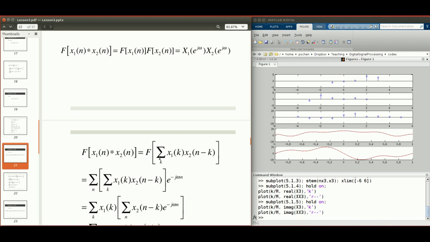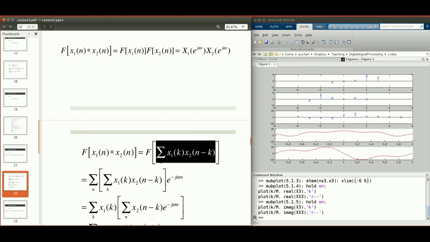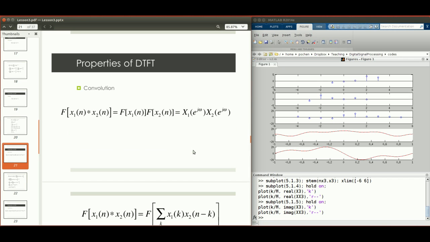The summation formula can involve lots of multiplications and summations, which are lots of calculations if the two signals are very long. Computing this summation and multiplication is going to consume a lot of computing power, right? But the FFT is very fast.